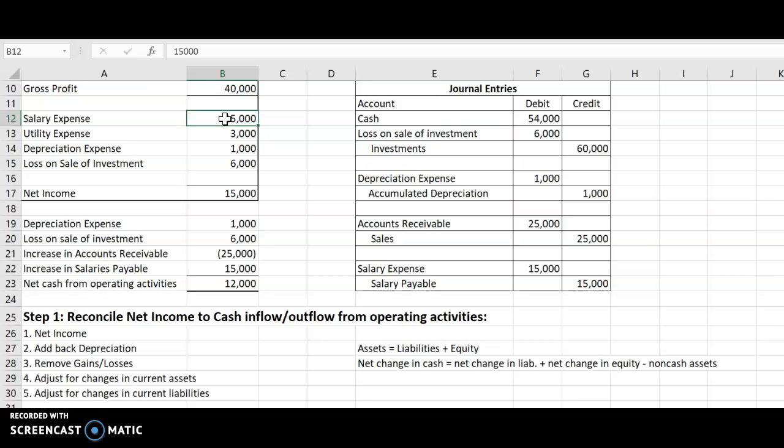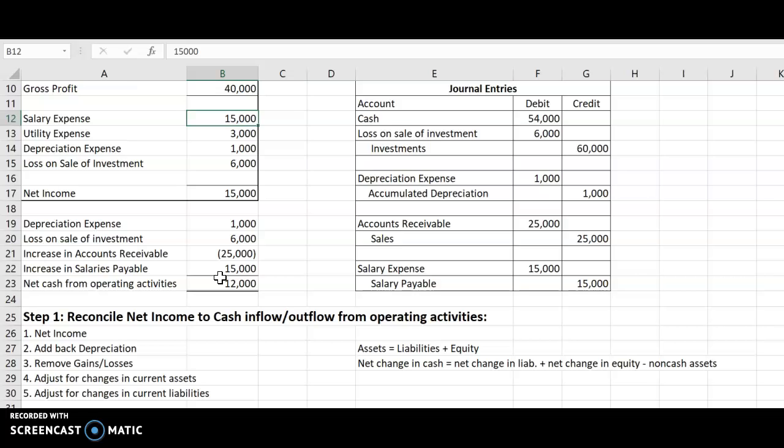So on Wednesday, at the close of the year, we accrue salaries. Accrued salaries means we go ahead and recognize the expense and we set up a liability for that. So even though my salary expense reduced my net income, I haven't paid it yet. So to get this to cash basis, I need to add it back.